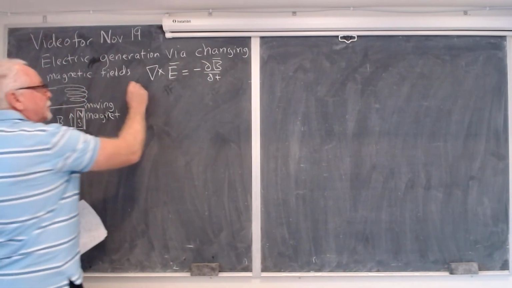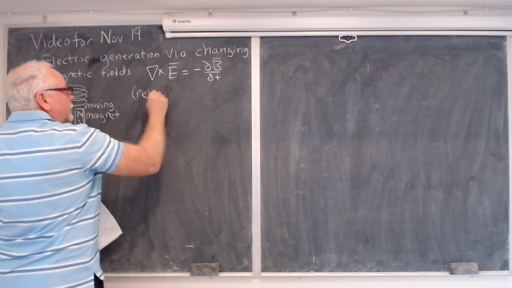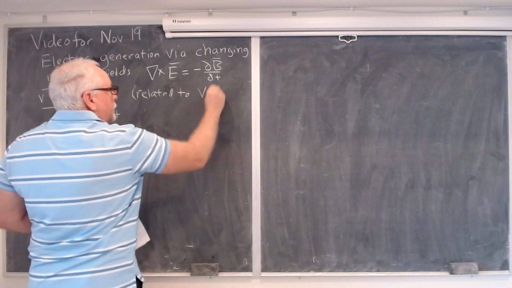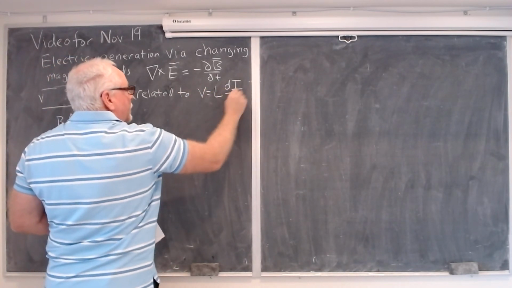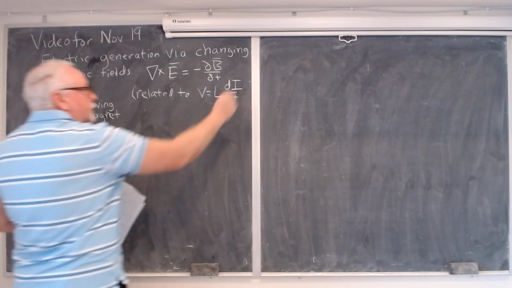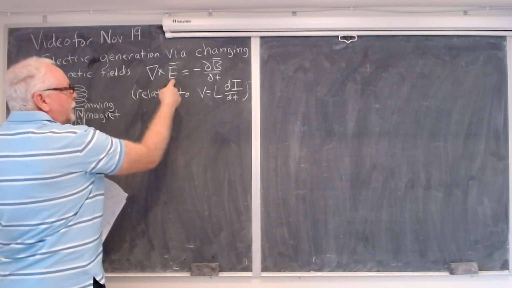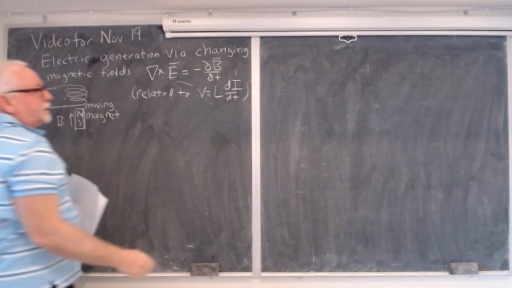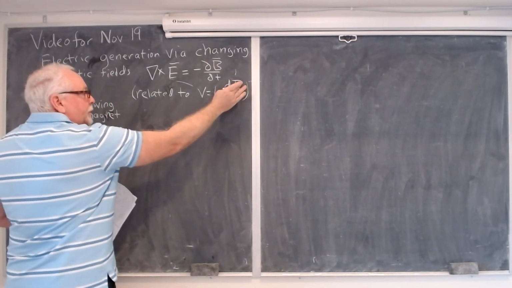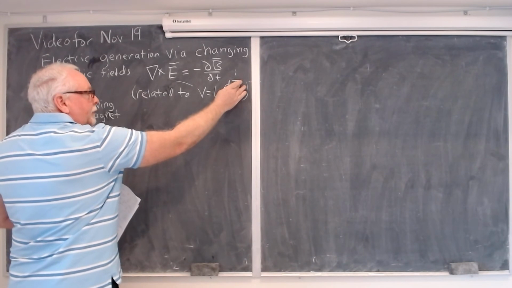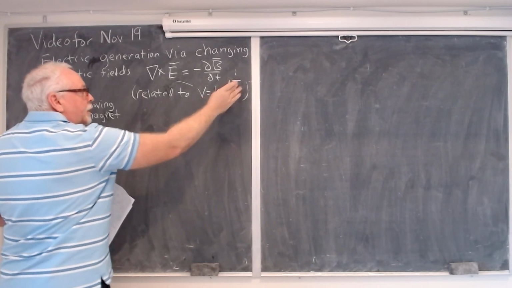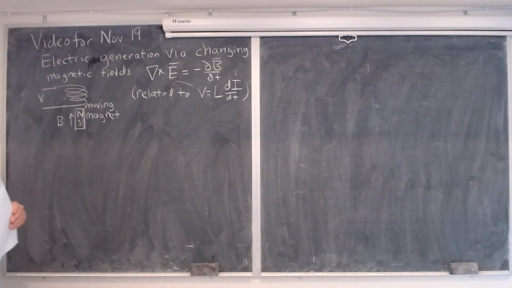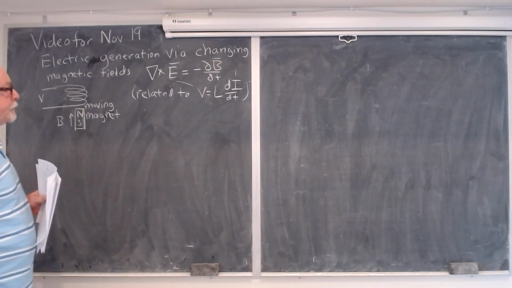Now, this is related to something you already know, V is equal to L dI/dt, the inductor law. This is basically voltage, and remember we found that the magnetic flux is related to L and I, so you can actually derive one equation from the other if you work at it.